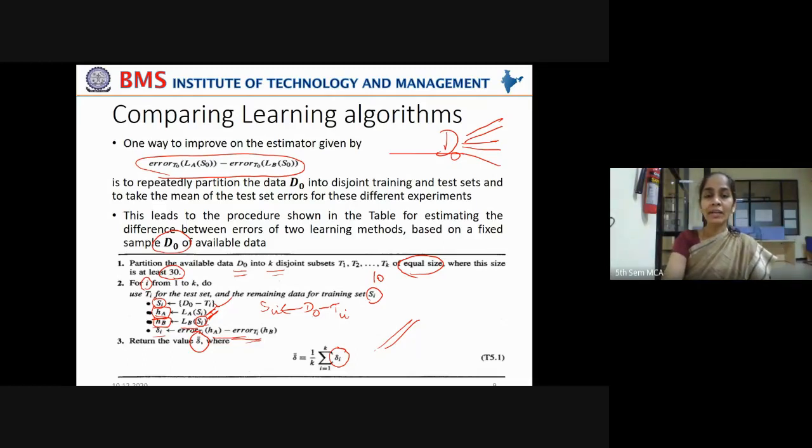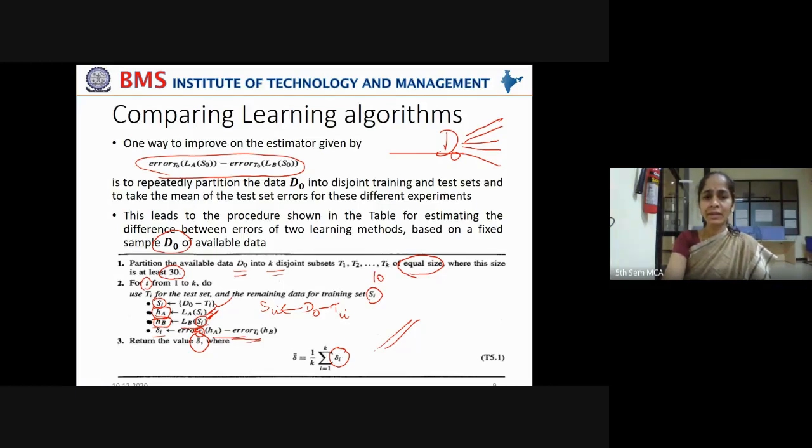Now, what is the error Ti? That means, what is the test set error associated with HA with partition i? Ti means the test set with the first partition, i equal to 1; the test set when the second partition is taken; the test set when the third partition is taken. i is 1, 2, 3 and so on, each iteration value.